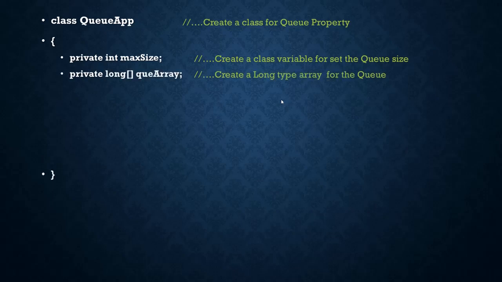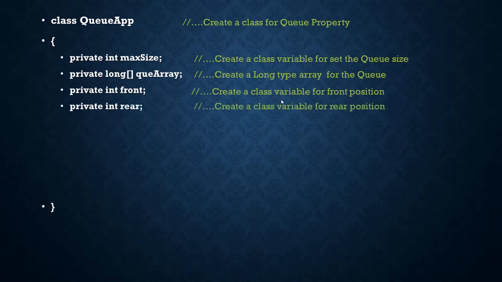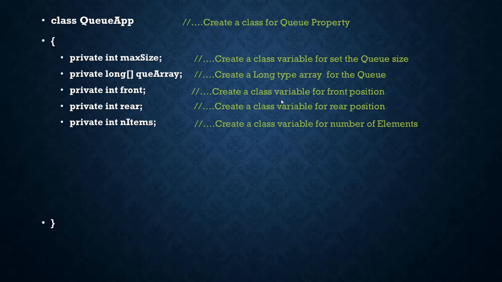After that, this is my queue array, which is of long type. Then I have another variable for the front position, this is for the last or rear position, and this is for the number of elements. You can see all are integer data type.